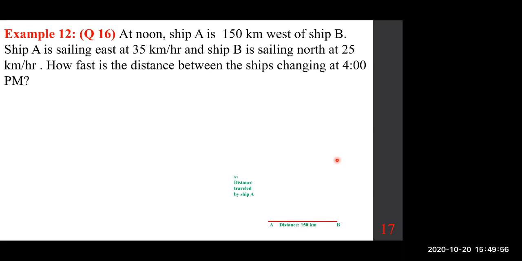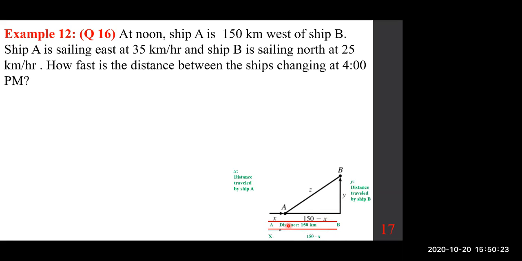X is traveled by ship A. So A goes this way by X amount, and B goes that way by Y amount. Is everybody with me? A goes this way by X, and B goes up this way by Y. So A has moved X amount at some point.